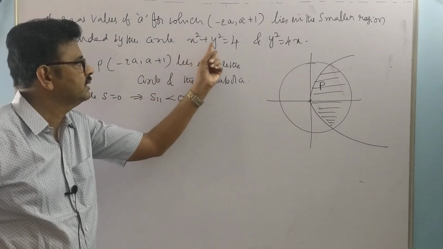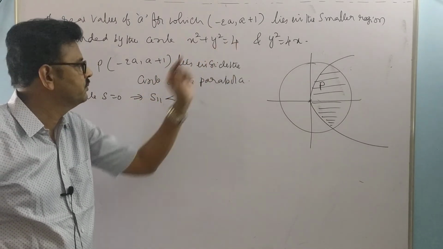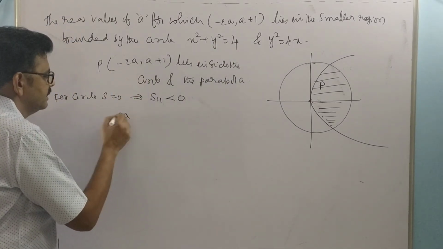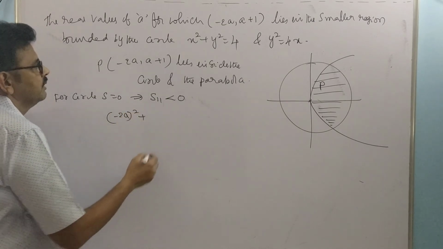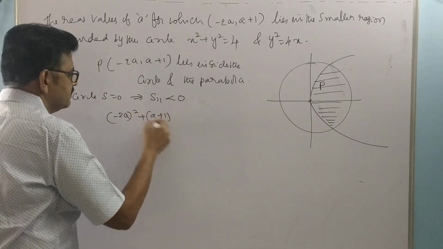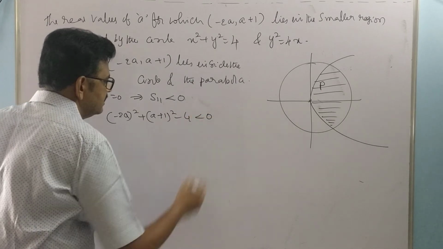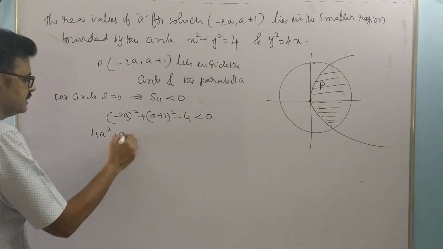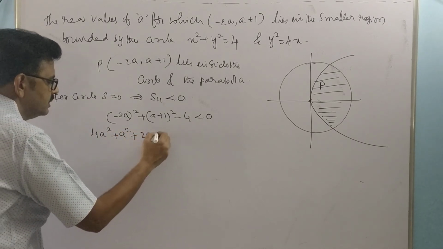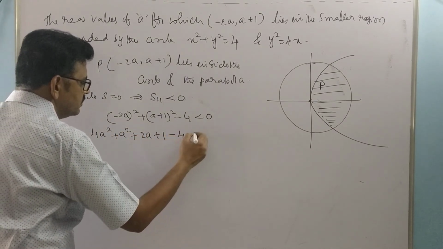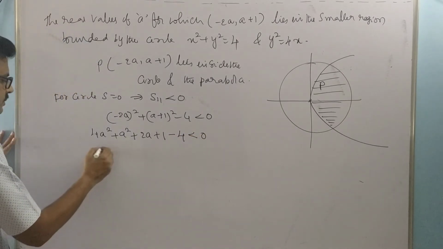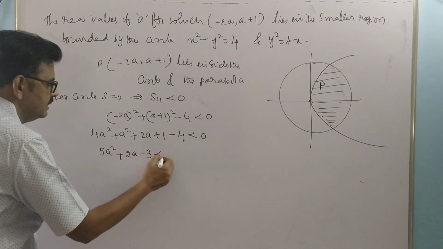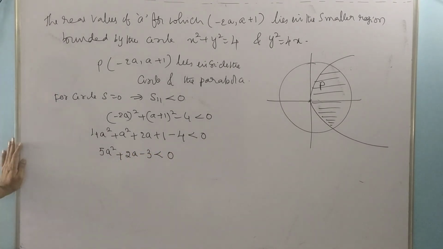It is x1² + y1² - 4 < 0. Substituting the point, (-2a)² + (a+1)² - 4 < 0. So this is 4a² + a² + 2a + 1 - 4 < 0, that is 5a² + 2a - 3 < 0.